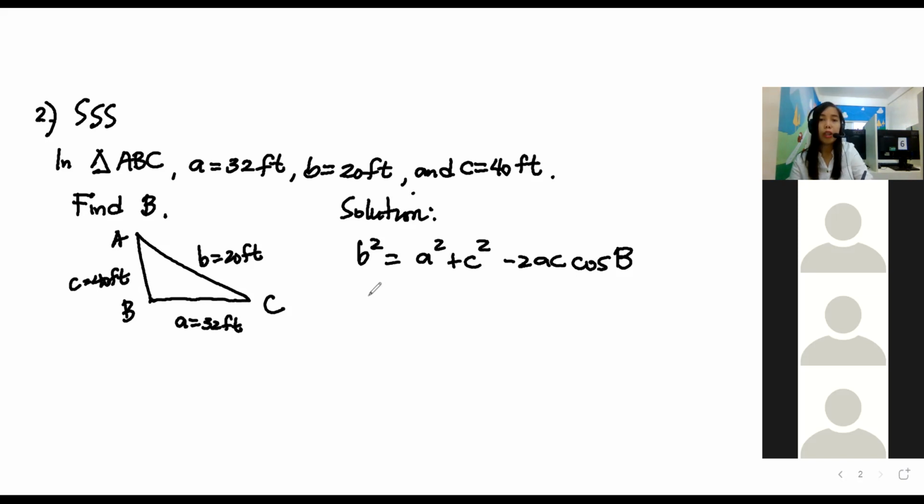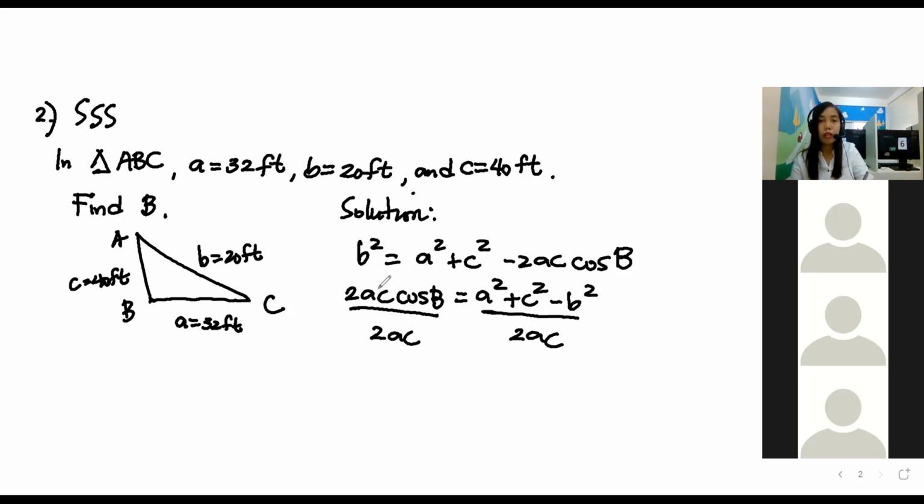So we'll have 2AC cosine B equals A squared plus C squared minus B squared. Then divide both sides by 2AC. So we will have cosine B equals A squared plus C squared minus B squared over 2AC.